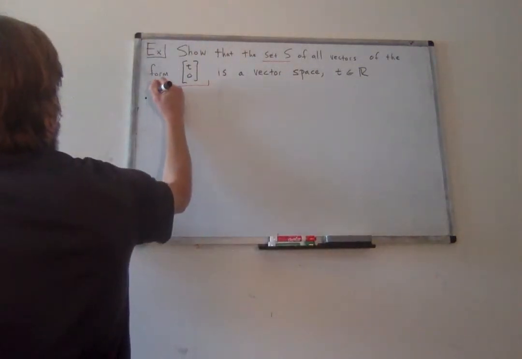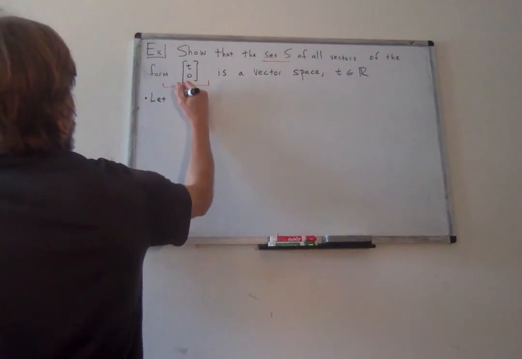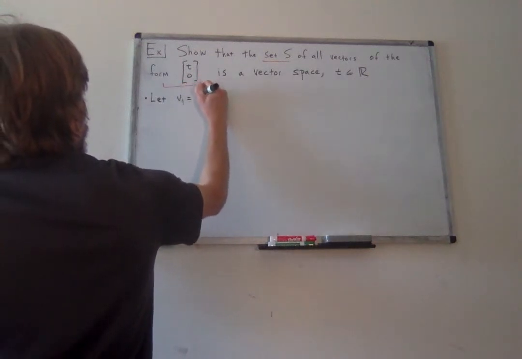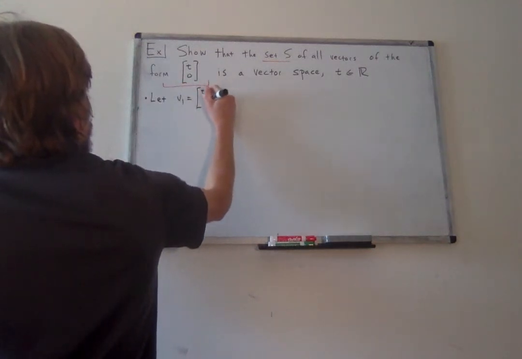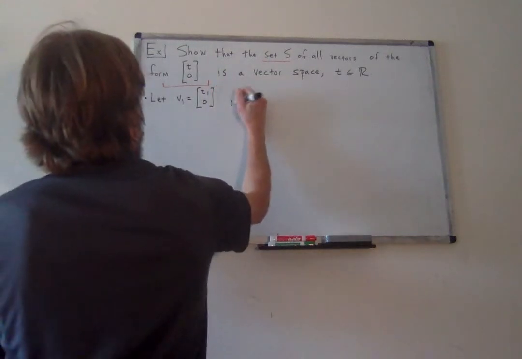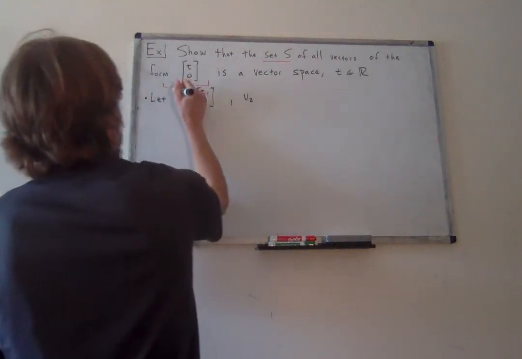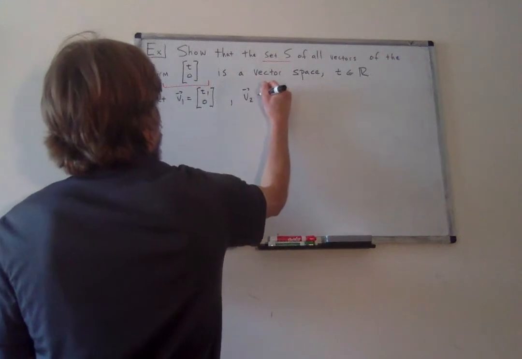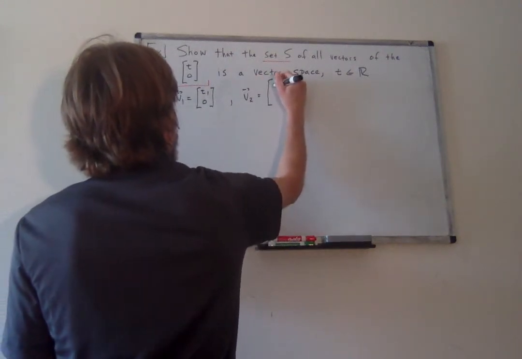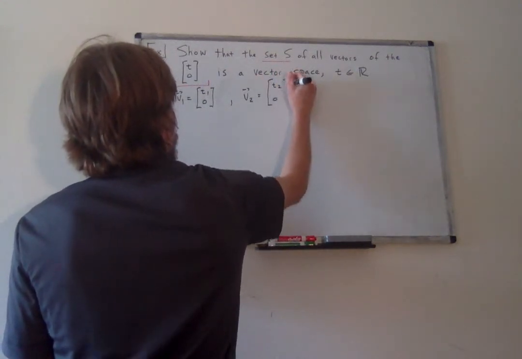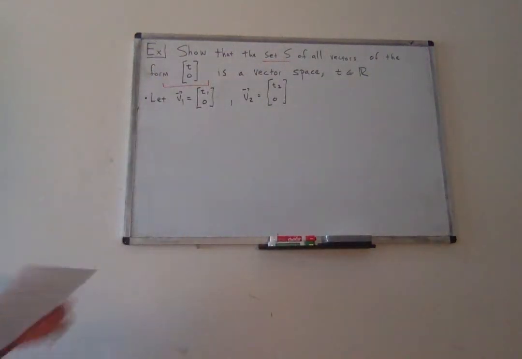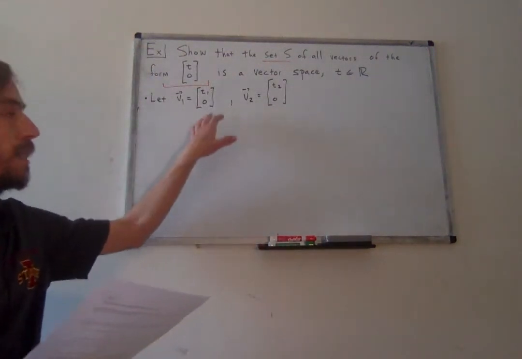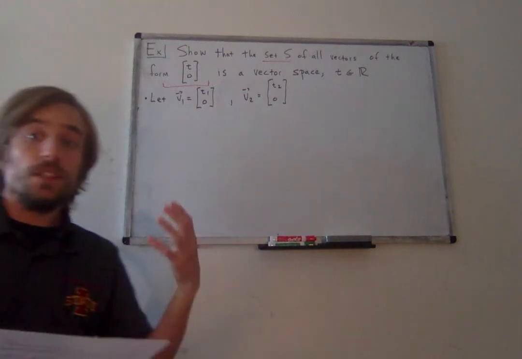To do that, we're going to let v1 and v2 be two arbitrary vectors in this space. This is generally how you'll want to verify things, by picking vectors in a way that is as arbitrary as possible. Notice that by picking t1 and t2 as the entries here, I'm allowing these vectors to be anything.